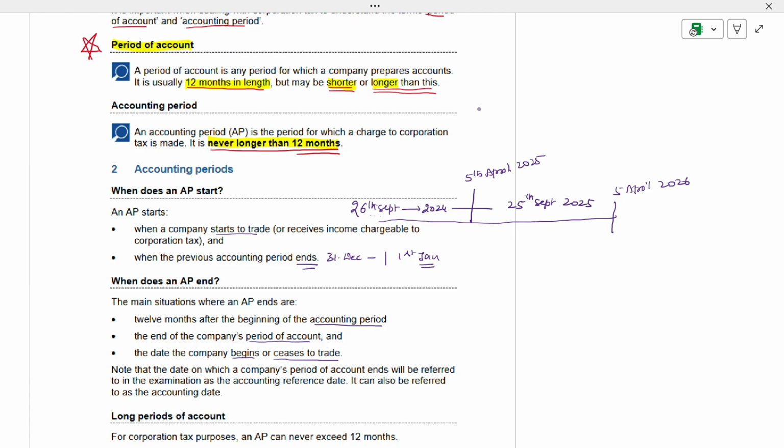When the company ceases to trade, we are closing the business on that day, and the accounting period will end. Note that the date on which the company's period ends will be referred to in the examination as the accounting reference date. It can also be referred to as an accounting date.